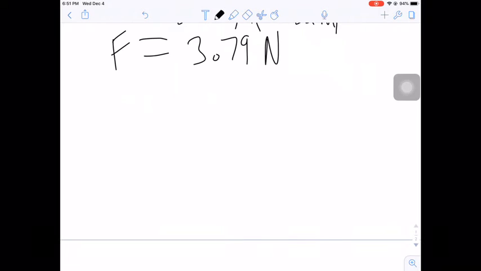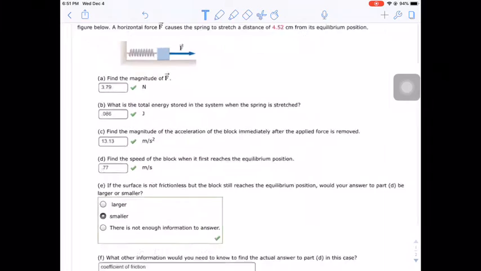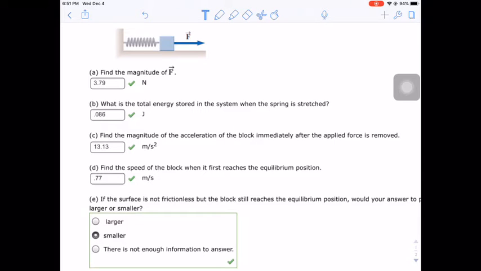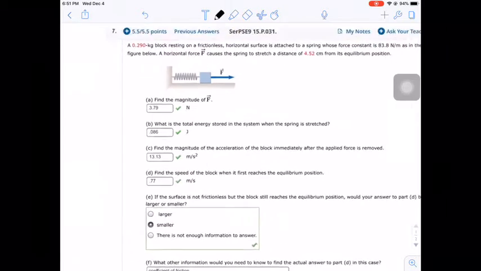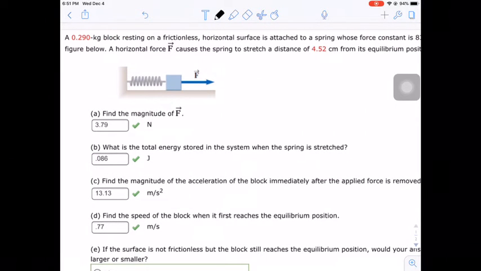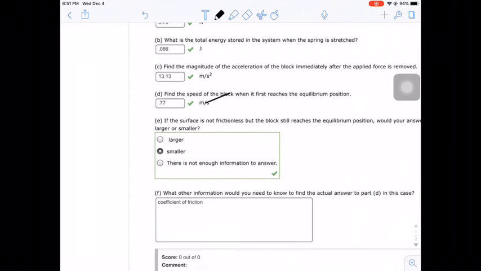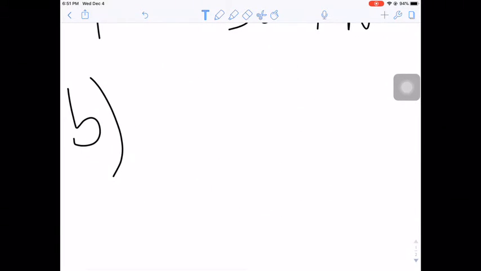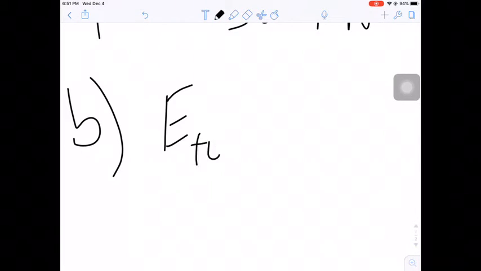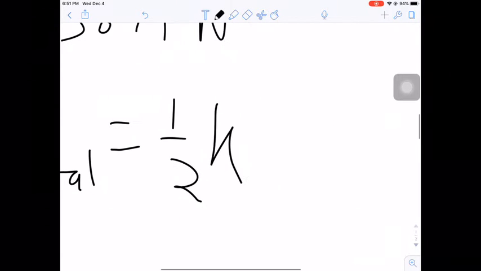So for part B, it says, what is the total energy stored in the system when the spring is stretched? When the spring is stretched, it has only the spring energy, so you can say that the total energy is equal to 1/2 k x squared.